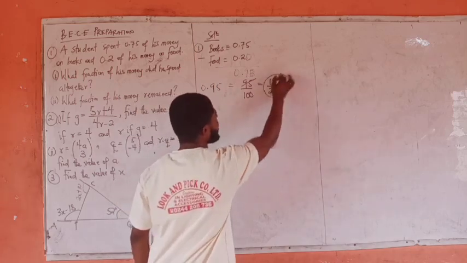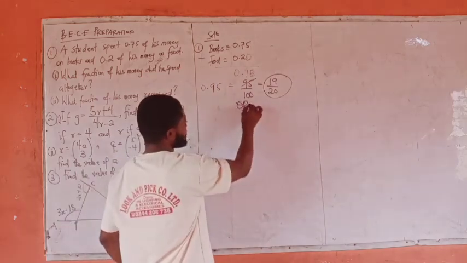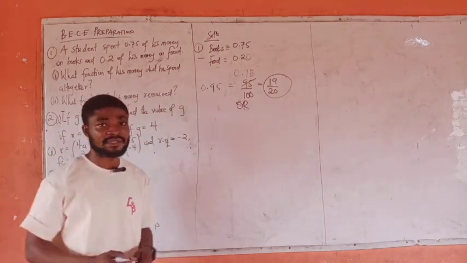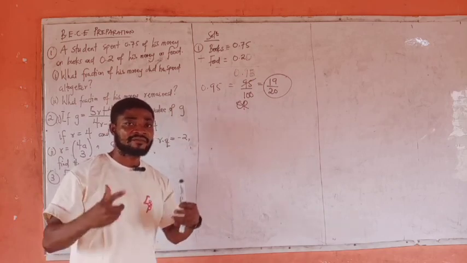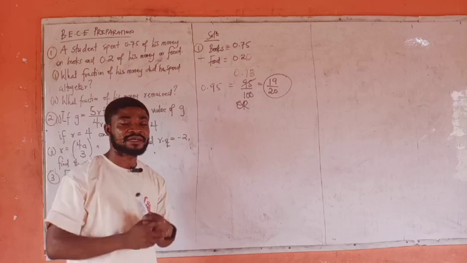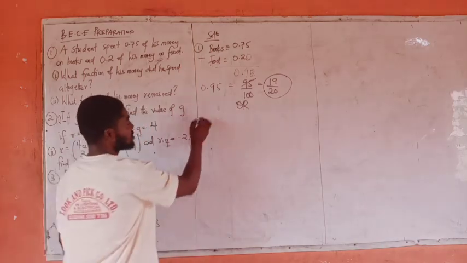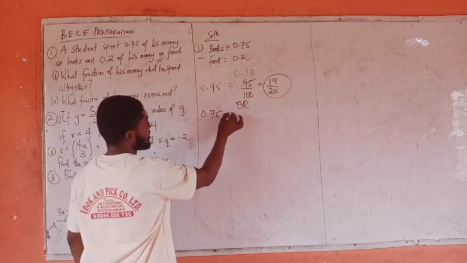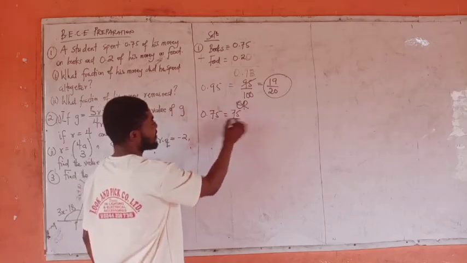So this is the fraction of money spent altogether, or I go by a different approach. The approach is to convert the individual decimals to fractions. When I'm done, I sum the two fractions, and I should get the same 19 out of 20. 0.75 is the same as 75 out of how many?